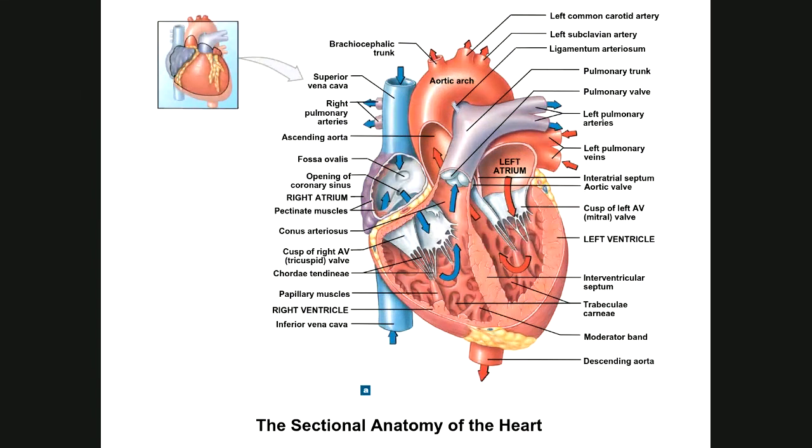So they come in from the systemic system to the superior and the inferior vena cava. As I said, I'm going very slowly here because I want you to admire this diagram.